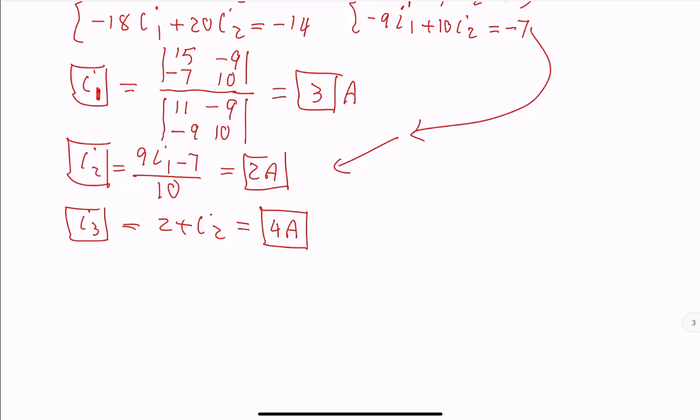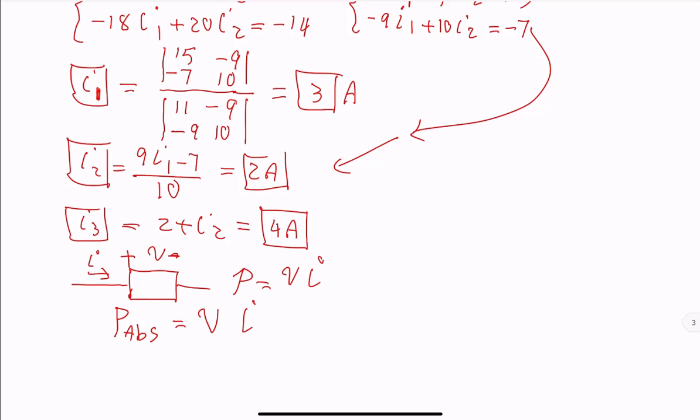For power, we use passive conventions for an element with current I and voltage V. P is VI, and this really means absorbed power by the element is voltage times current entering positive terminal of V. So for supplied power, we can either find absorbed power and change the sign of it, or we can multiply voltage by current leaving the positive terminal.